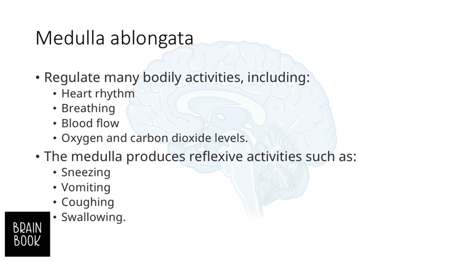The medulla oblongata regulates many bodily activities, including heart rhythm, breathing, blood flow, and oxygen and carbon dioxide level. Also, it produces reflexive activities including sneezing, vomiting, coughing, and swallowing. The medulla oblongata is vital because it controls the heart rhythm and breathing. Yeah, it's very essential for living.